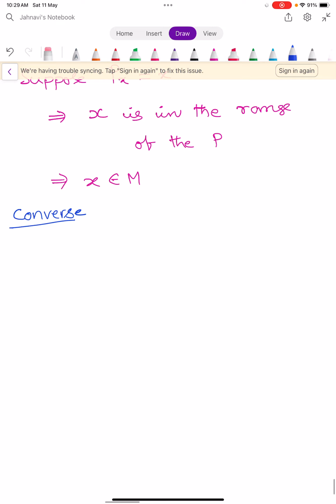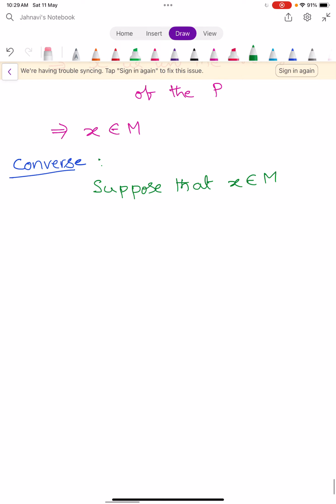So, suppose that X belongs to capital M, I mean range of the projection.